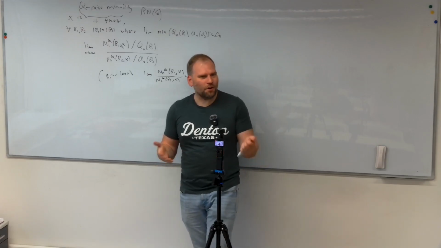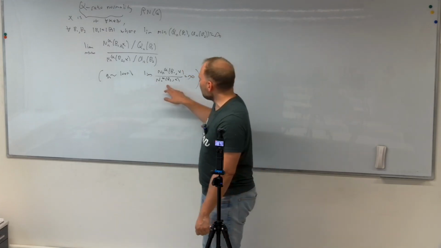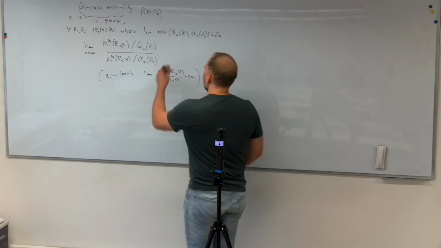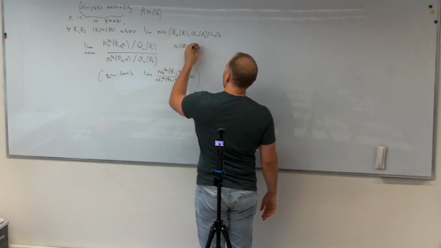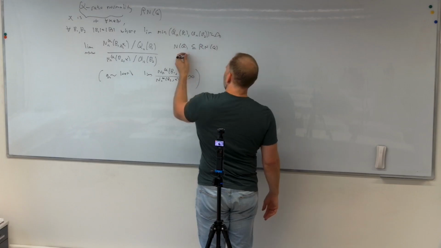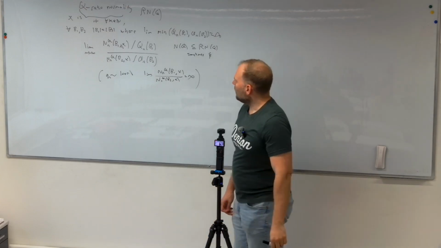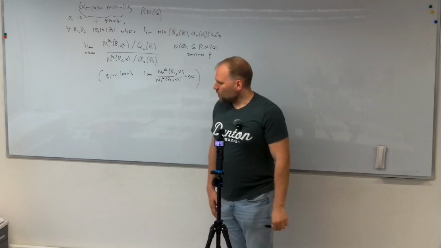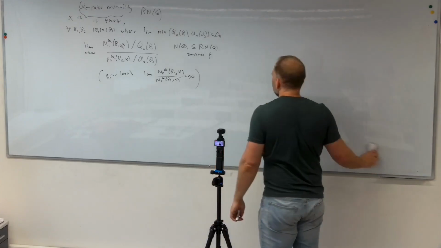I wanted to prove this in lecture 3 or 4, but we didn't have time. So we know that N of Q, the set of Q normal numbers, is a subset of Rn of Q, and sometimes it's a strict subset, as it turns out. So we'll talk about that in a little bit. I just wanted to give that definition before I forgot.